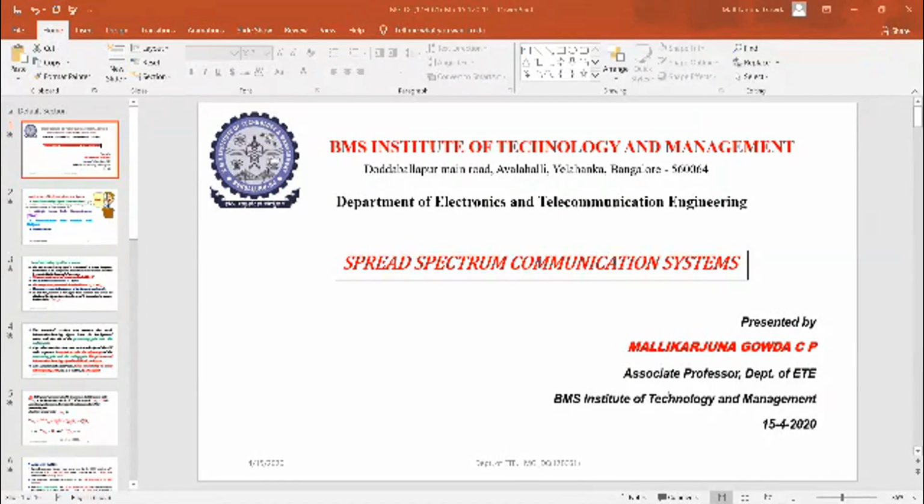The second application is that it is used in multiple access techniques. One example is code division multiple access, that is CDMA.